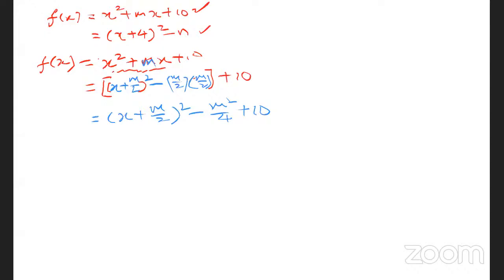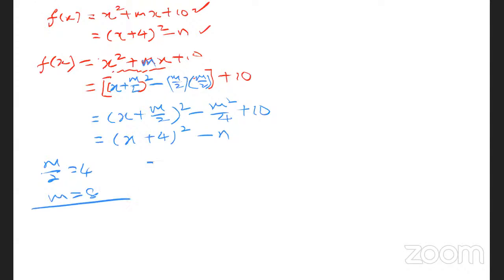So you compare this, then write one more time: (x plus 4) squared minus n. Therefore, you compare n over 2 equals to 4. N equals to 8. All right, done.